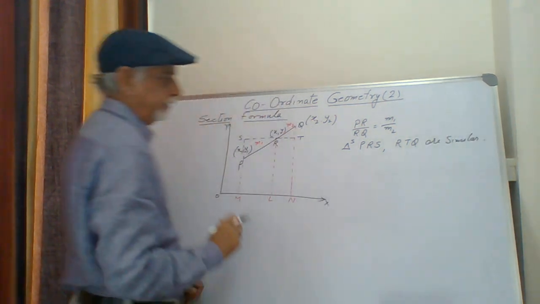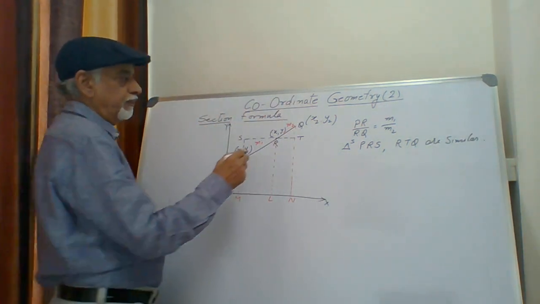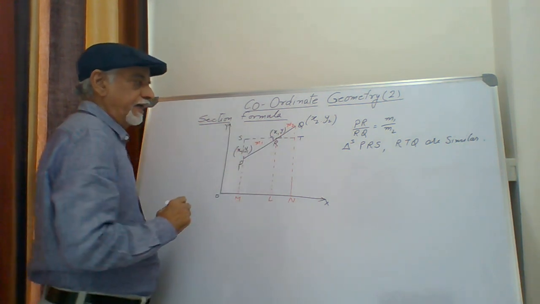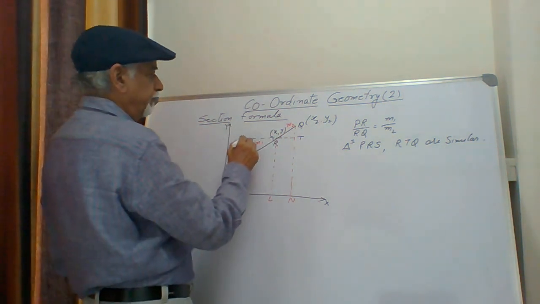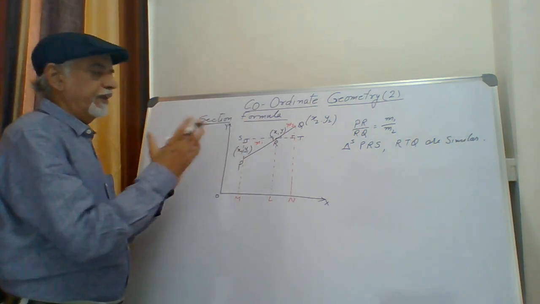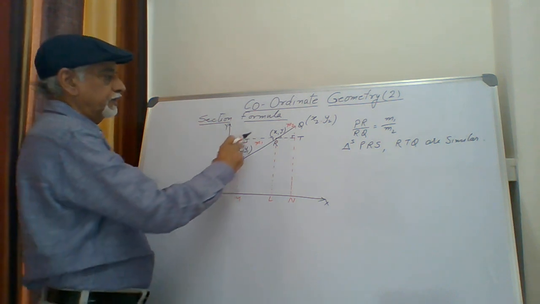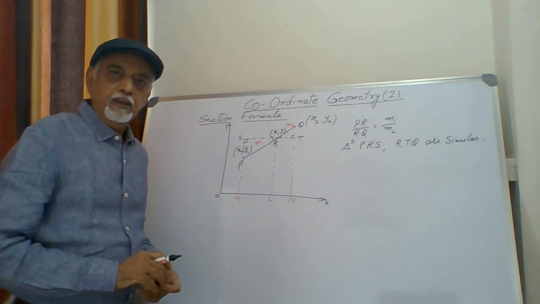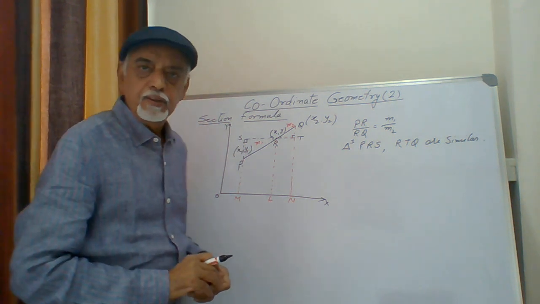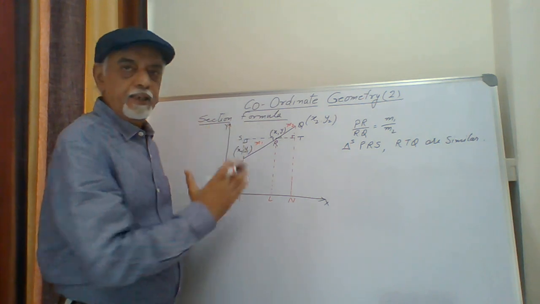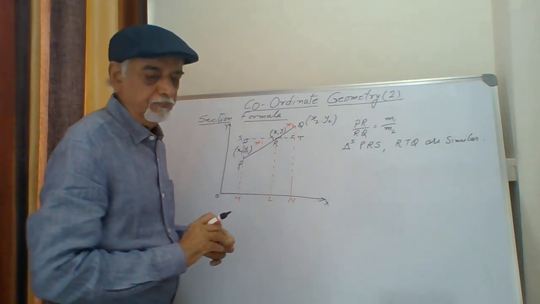You know why they are similar? Because this angle is equal to this angle, vertical opposite angles. Then we have a 90-degree here and a 90-degree here. So the remaining angle will have to be equal, and so these two triangles are similar. Similar means their shapes are the same, but the sizes may not be equal. That is the meaning of similarity.